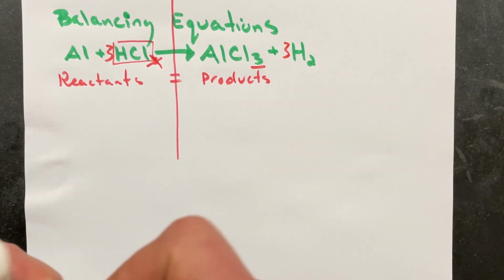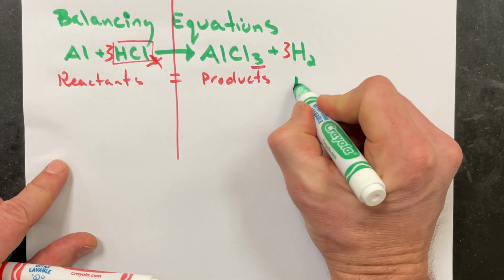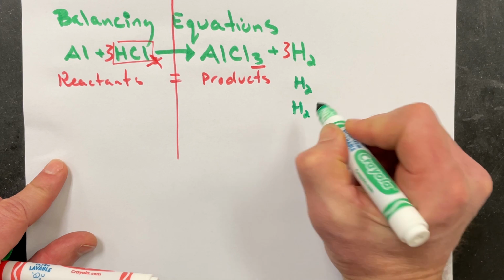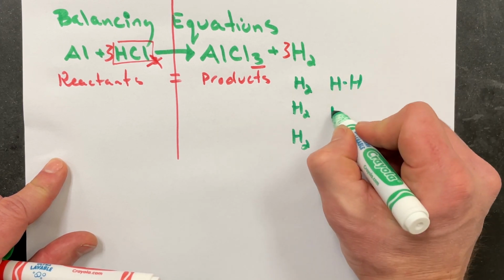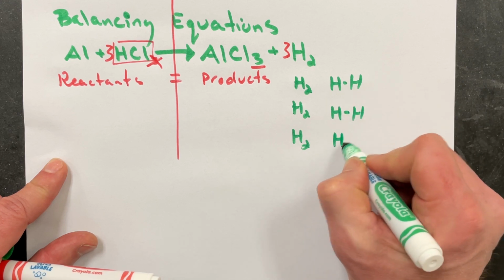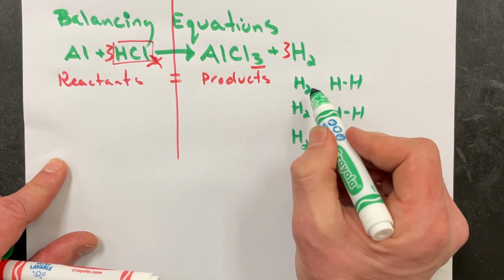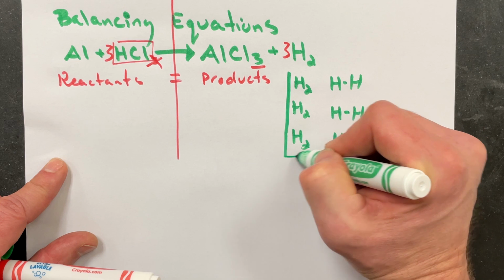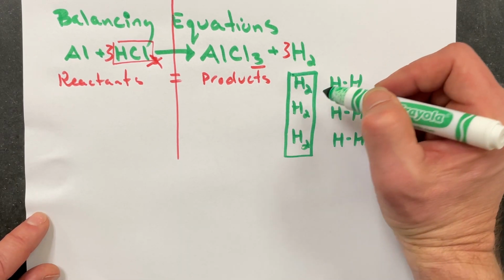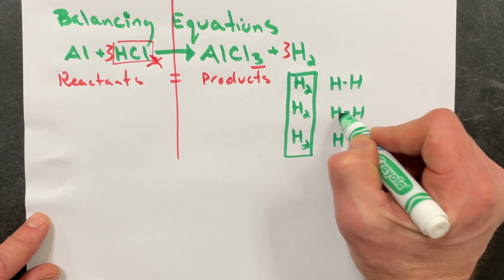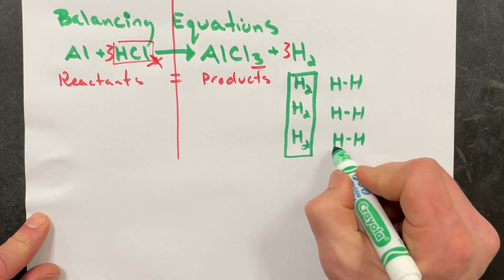So what this 3 is telling us is I have H2, H2, H2. I have a hydrogen stuck to a hydrogen, stuck to a hydrogen, and a hydrogen stuck to a hydrogen. I have this 3 times right there. So 3 H2, which is 1, 2, 3, 4, 5, 6 hydrogens total.